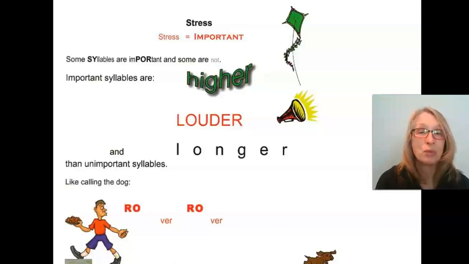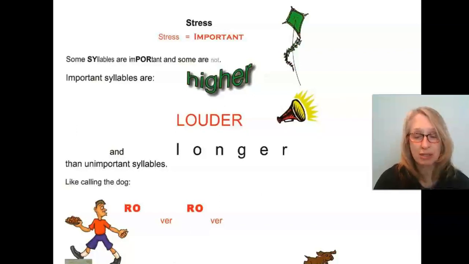And with potato, the te is the stressed syllable, so the T is said correctly. But the toe is not stressed, so that toe becomes do, potato. So in the stressed syllable, the vowels and the consonant sounds are said correctly, higher, louder, and longer. And the non-stressed syllables are often said in a lazy way with not a lot of stress.